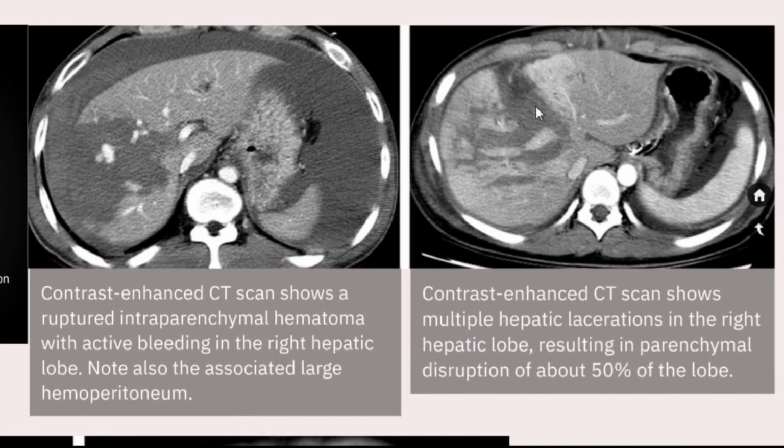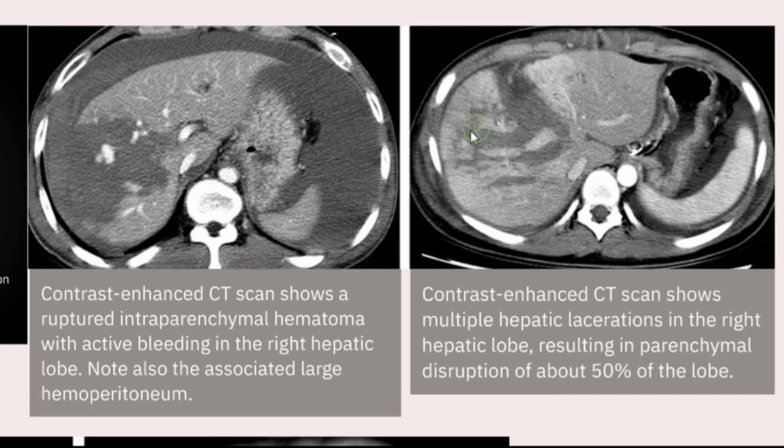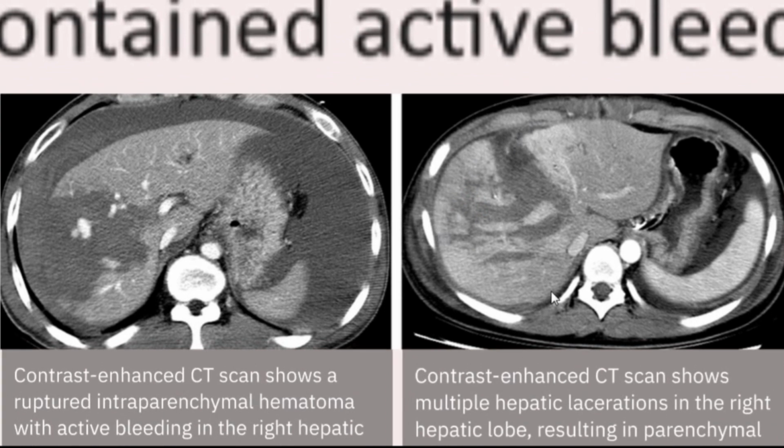We can see there's parenchymal disruption, shown by the areas of hypodensity, and it involved about 50% of the one entire lobe. So this is according to the AAST guideline. It's considered the right lobe is majorly involved, around 50 to 75%. And there is evidence of intraparenchymal laceration and bleeding, and also some blood in the peritoneum.